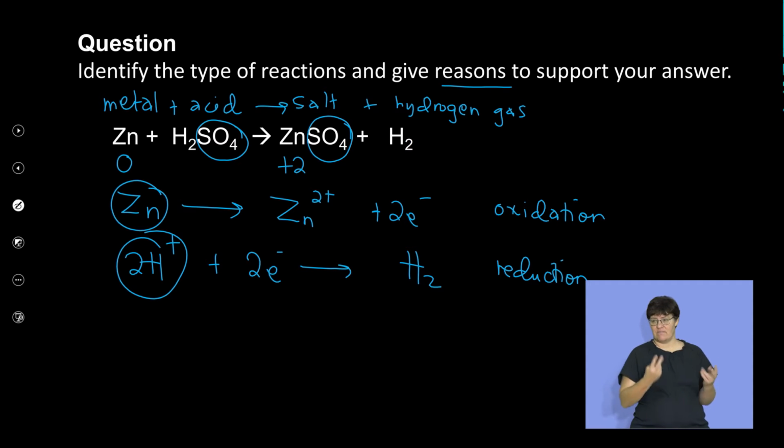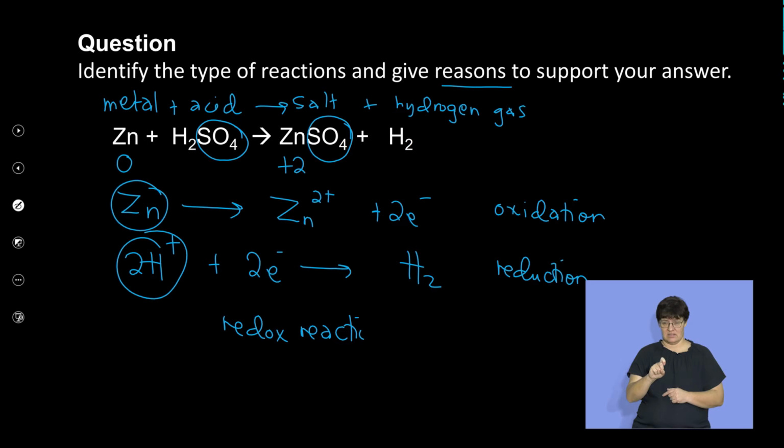Okay, so definitely, once we have got oxidation and reduction, this gives us a redox reaction. Why are we saying this is a redox reaction? Because this involves a transfer of electrons.